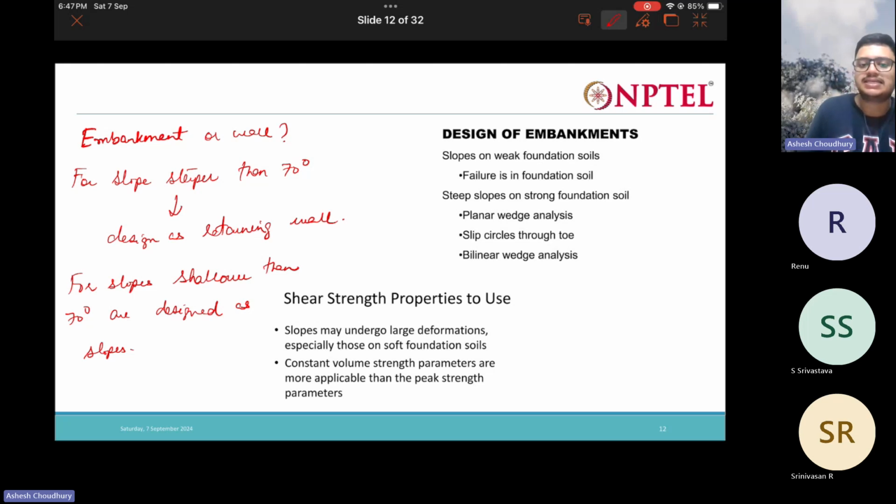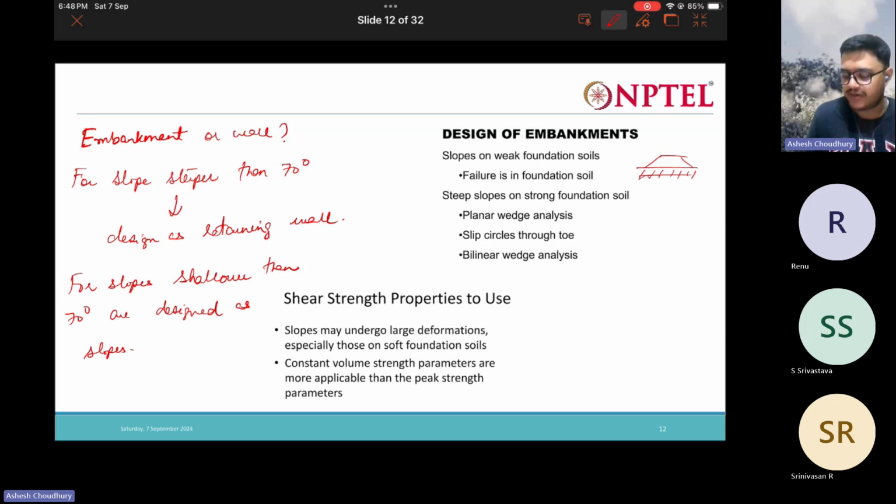There are various cases where slopes or embankments are designed. One is when the slopes are situated on weak foundation soil. So this is the embankment, say, and this foundation soil is particularly very weak, very soft clay, very soft soil. In that case there are chances that the foundation is going to fail.